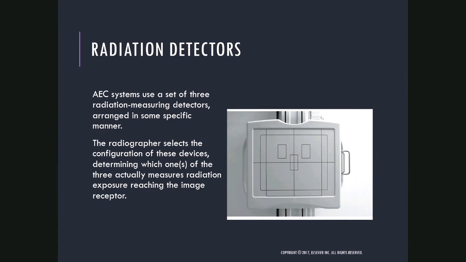I don't know if you guys have done it yet, but if you're trying to do a PA chest and you accidentally select the inner cell, you're going to have overexposure because that detector is trying to get radiation through your spine, your heart, your aorta, a lot of stuff there that is thicker and denser than your lungs themselves. So that's why you're doing outer cells when you do a PA chest.